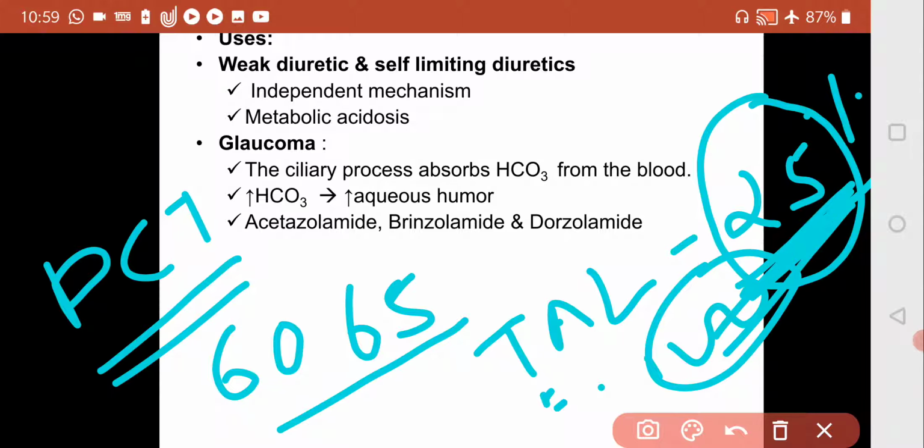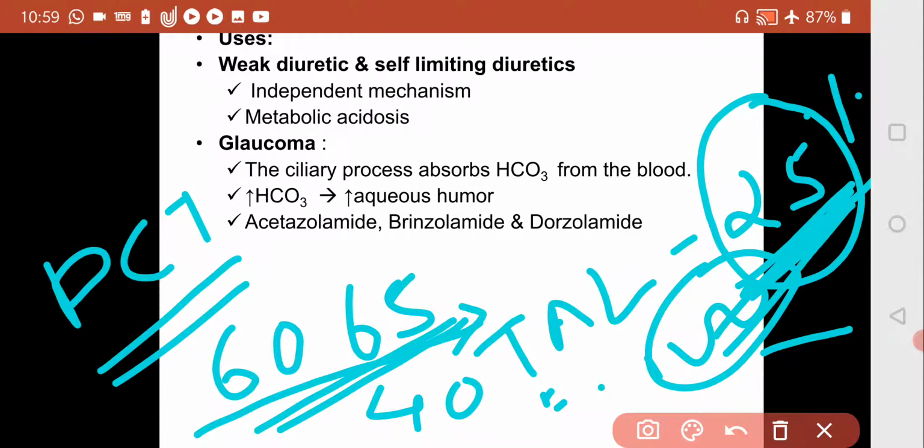But if we give acetazolamide and want the same efficacy as the thick ascending loop diuretics, then we would need to inhibit this reabsorption by at least 40%. Then it equals the 25% total.